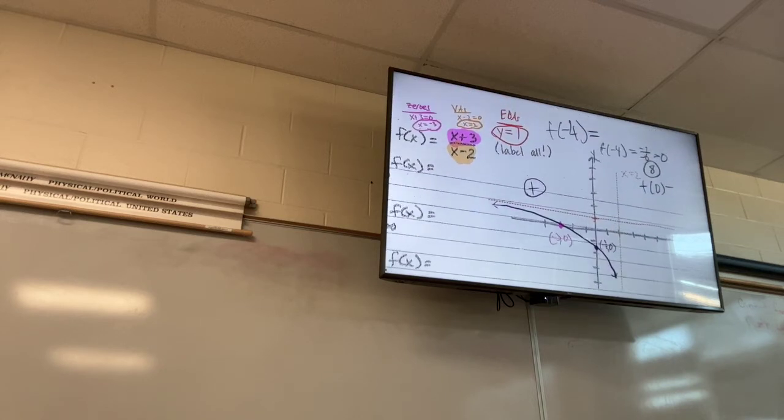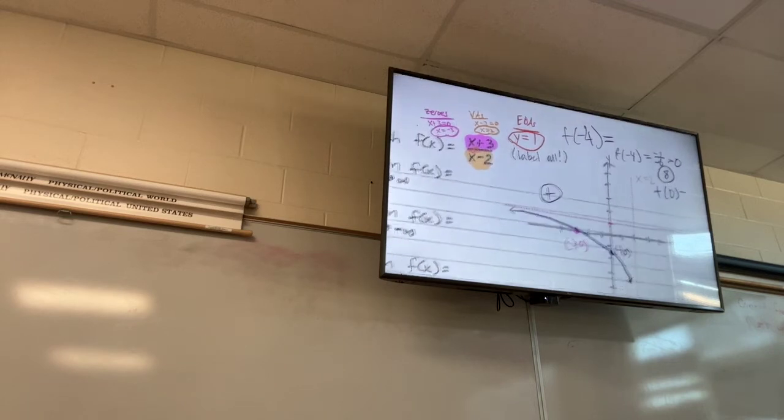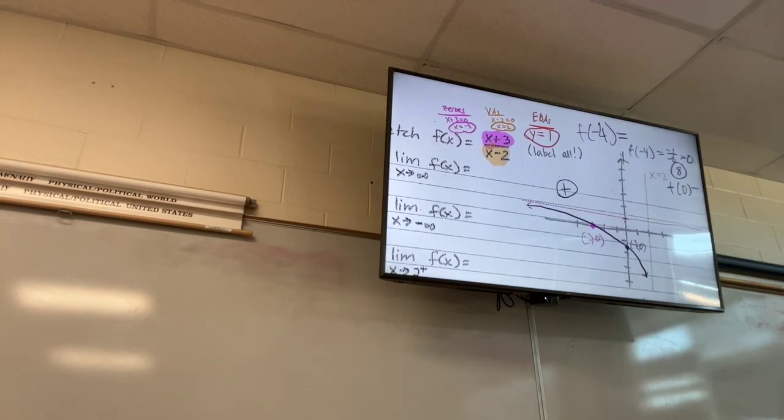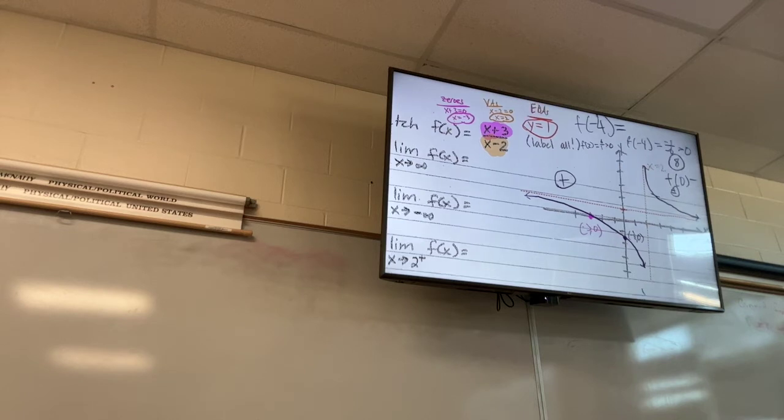So I plug in f of 3. I get 6 over 1, which is positive. So it's going to go up to this vertical asymptote from the right forever, and then come down and approach my end behavior asymptote from the top.